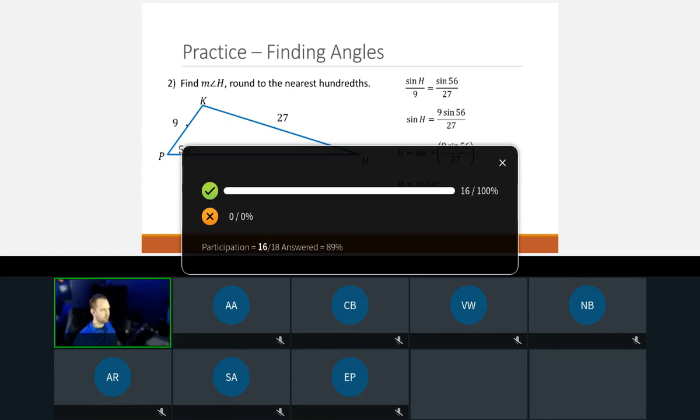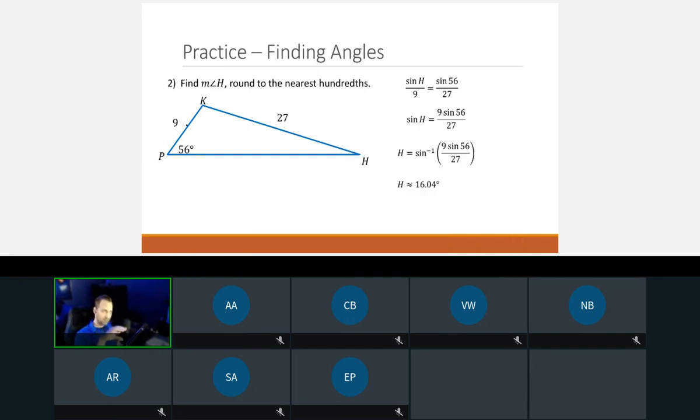That's too bad. Can you guys see the results, or is it just me? No, we can see it, but it doesn't tell us who it is either. Well, you're an admin, so you can see it. Can everyone else see it? Yeah, Caitlin, you can see it? Okay. Well, it's too bad I can't see who actually answered. I wonder if I can look at the polling after this is over.